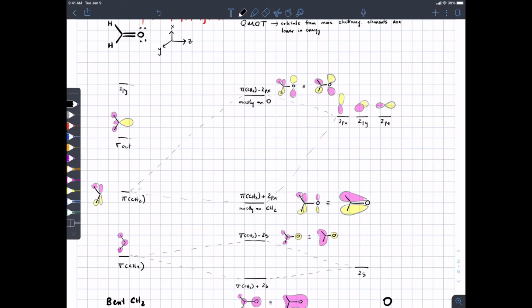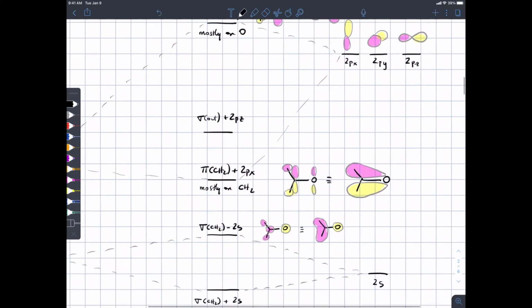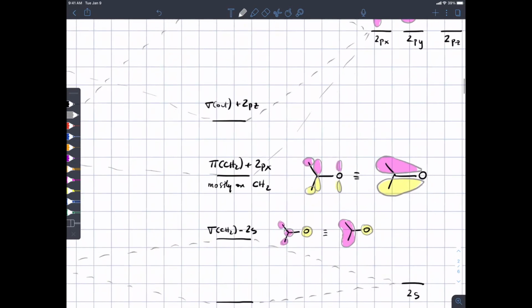And as before, we mix these together and we're going to get a lower energy combination. This is the sigma out plus 2pz. And then there will be a higher in energy minus combination, but that's going to be high enough in energy that it's not going to be occupied, and it won't even be the LUMO, so we won't worry about it.